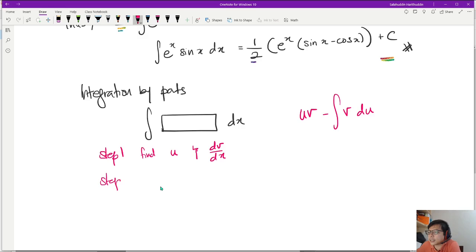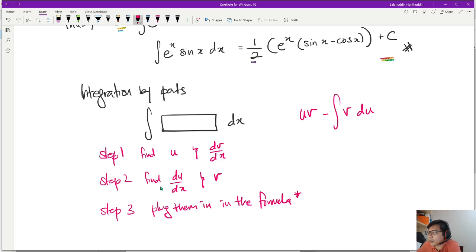Step 2, I guess, is find du/dx and also v from this, and step 3 is plug them in the formula, this one here. And let's hope you find the answer. If you're still left with the integral, you can repeat the step again. Repeat if necessary, just like what we've done.